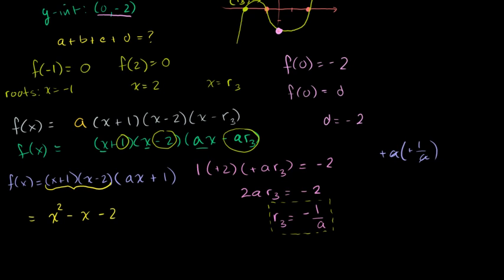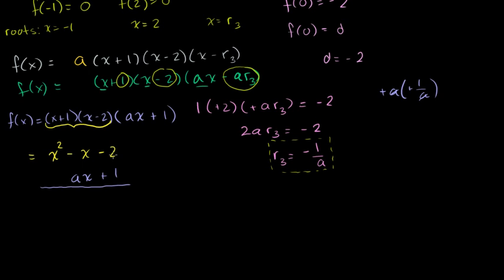And then I'm going to have to multiply that times ax + 1. So I'm going to write the ax + 1 down here just to save space. And now we just do a little bit of algebraic multiplication. 1 times -2 is -2. 1 times -x is -x. 1 times x squared is x squared.